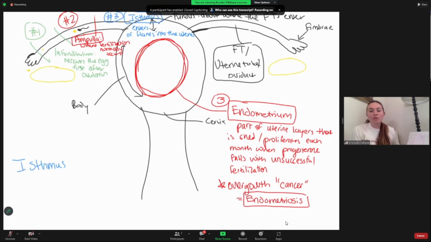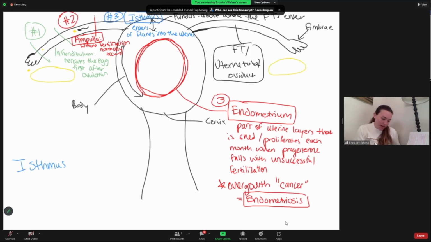I think he's using the word cancer to describe endometriosis, because what happens to somebody with endometriosis is they get endometrium growing in their abdominal cavity. So what will happen is they'll have a lot of pain, usually very heavy periods, because it's like an overgrowth of this endometrium kind of everywhere. Does that make sense? So endometriosis is not cancer, but it is an excessive overgrowth of the endometrium.